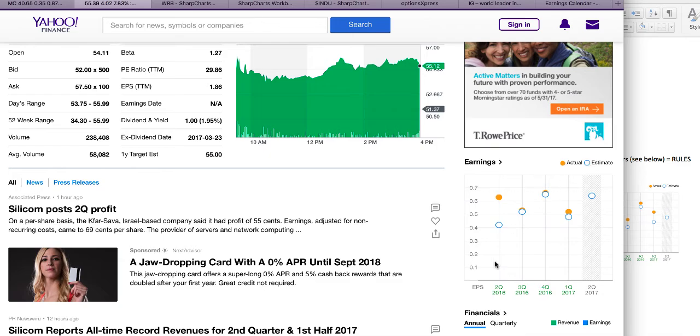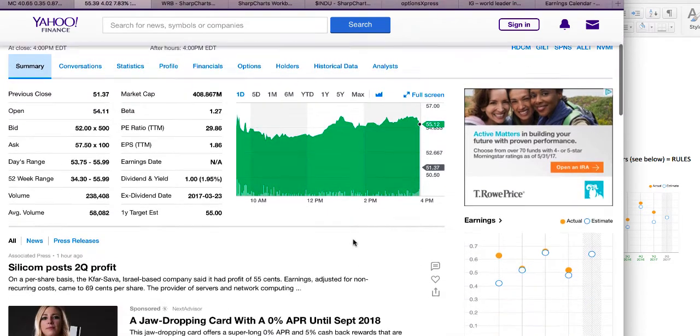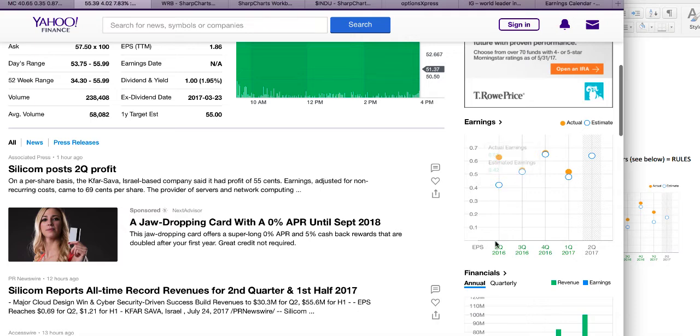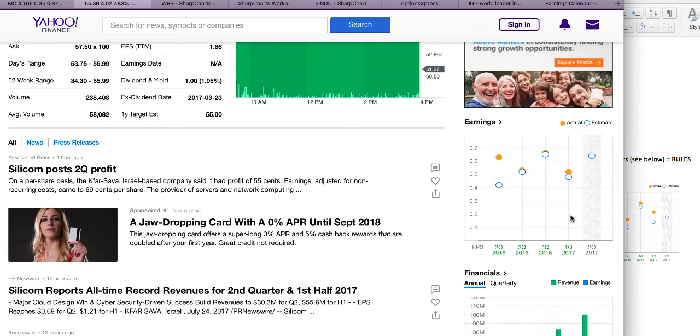As you can see, for the last 4 quarters, it says, look, it beat the estimate, because the actual is above the estimate. So this one has a great track record of beating its earnings estimate, which is exactly what we're looking for.